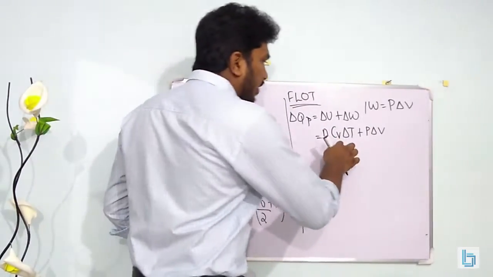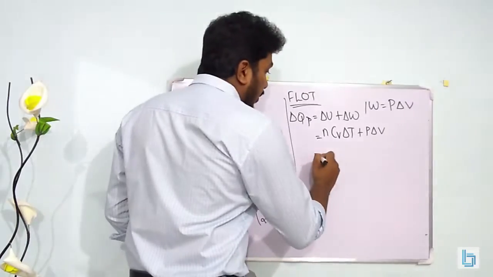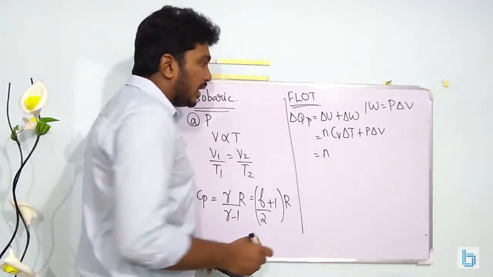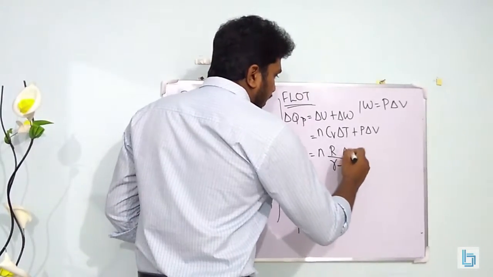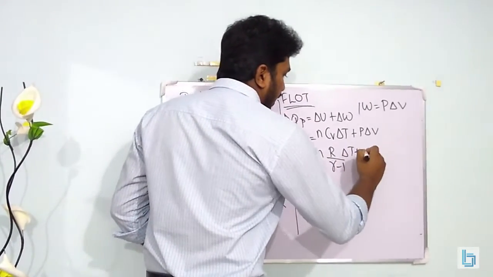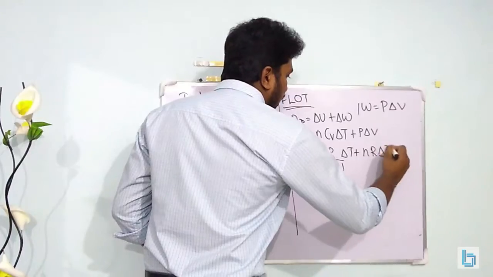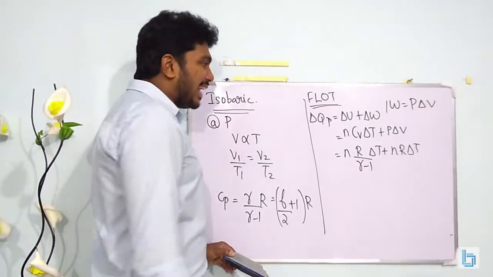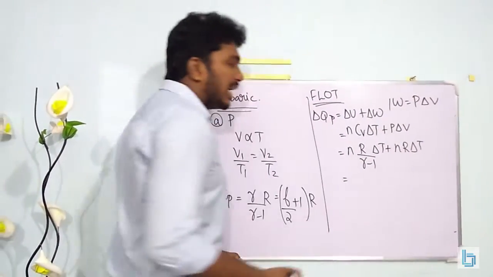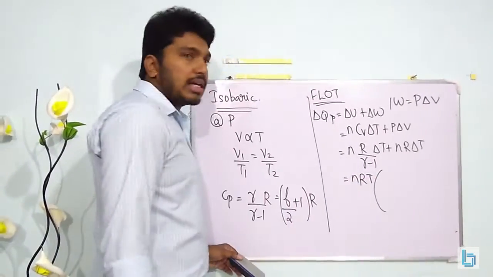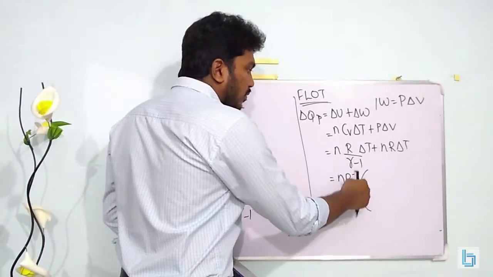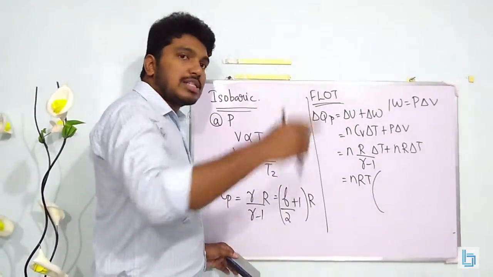Okay, now CV. What was CV in terms of gamma? N R by gamma minus 1 delta T plus P delta V. N R delta T, you can take N R delta T outside. So you will be getting this as N R delta T. Within the brackets we have, taking R outside, 1 by gamma minus 1 plus 1.